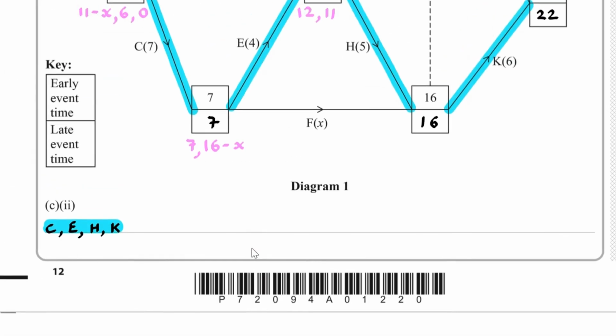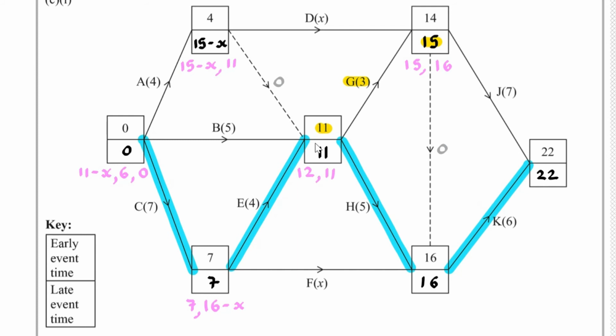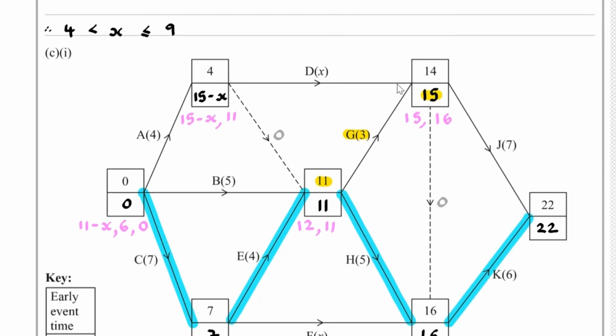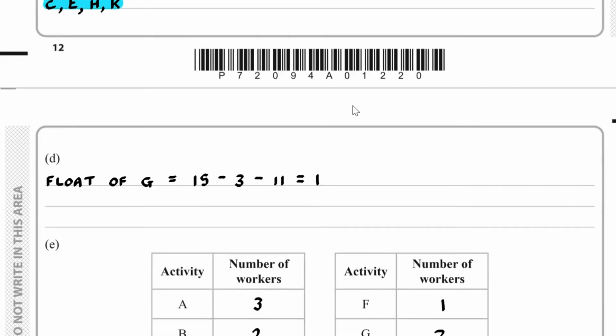Now, if I take a look at D, the earliest D can start is 4, and it's got a duration of 6, and therefore its float then will be 5.